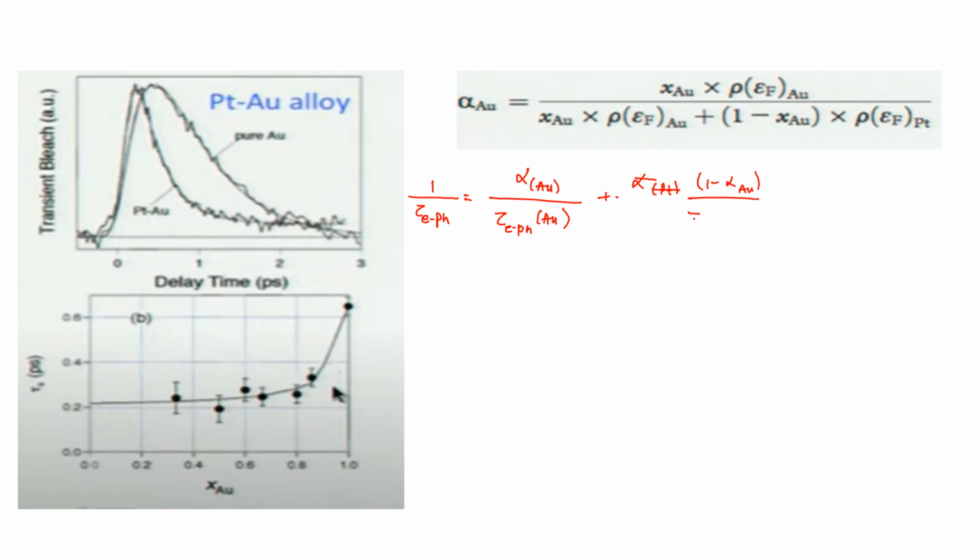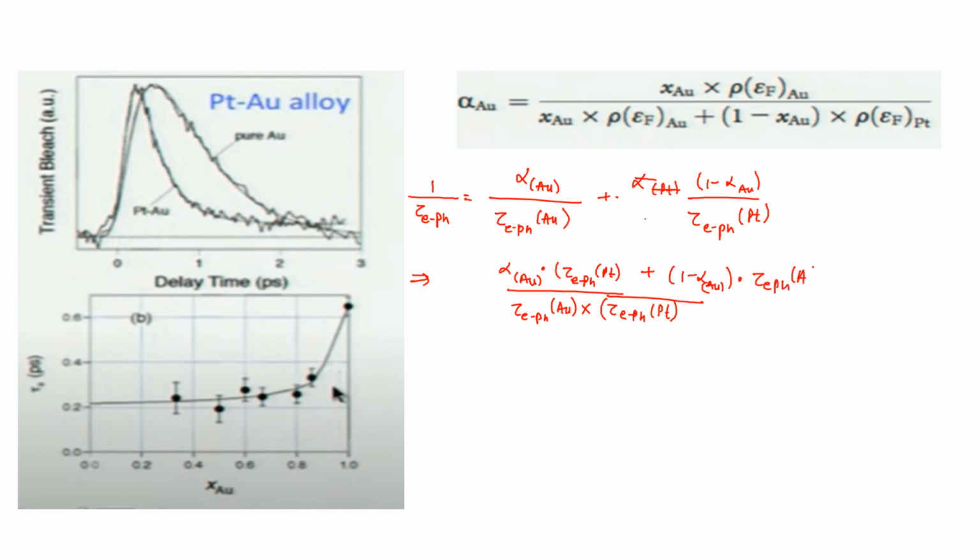Now we'll take the LCM and write tau EPH of AU into tau EPH of platinum, and in the numerator we bring alpha AU into tau EPH of platinum plus 1 minus alpha AU into tau EPH of AU.